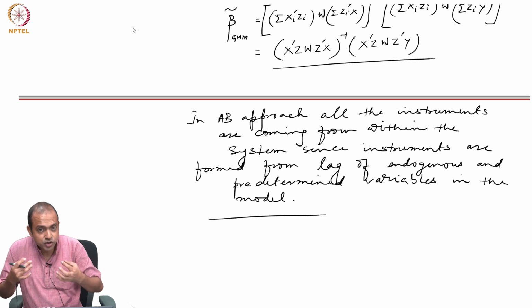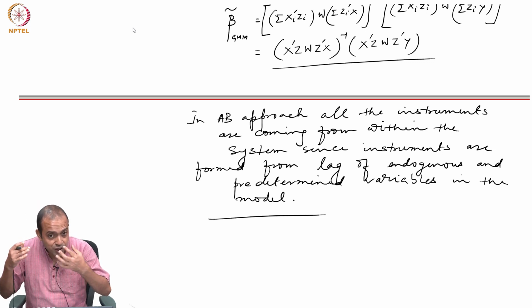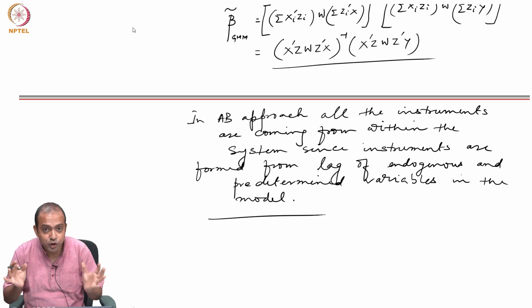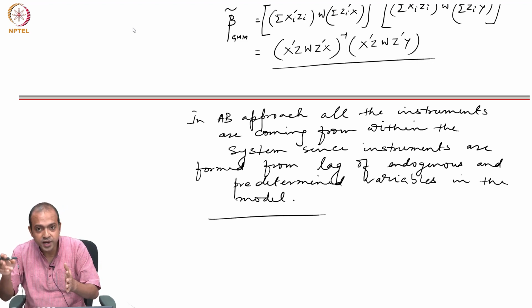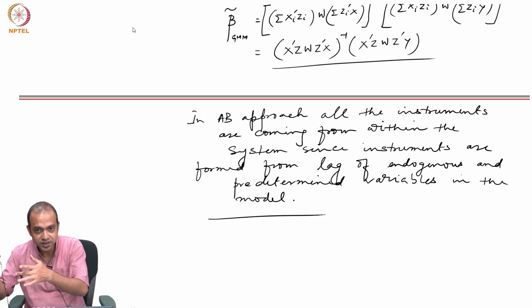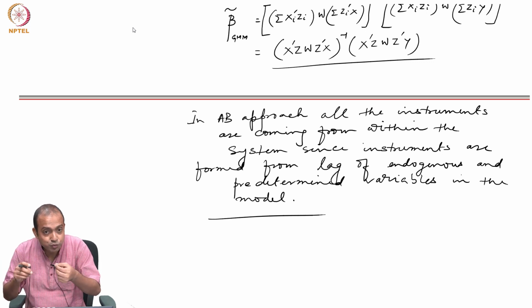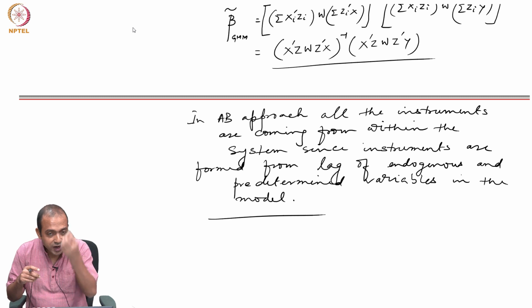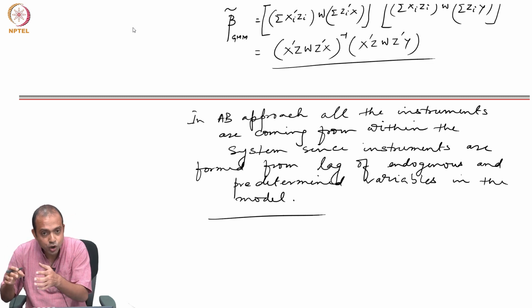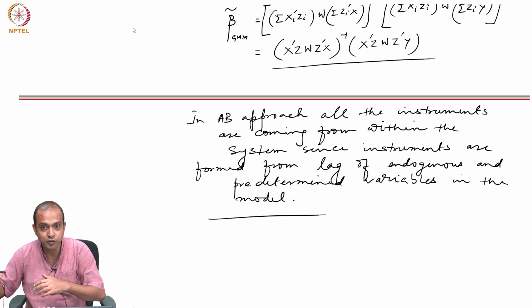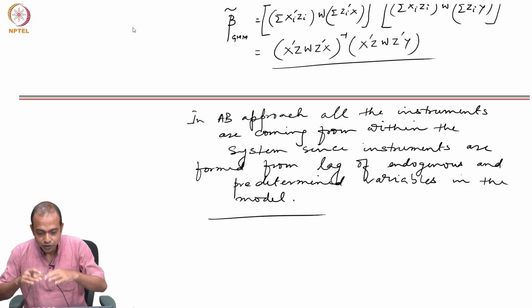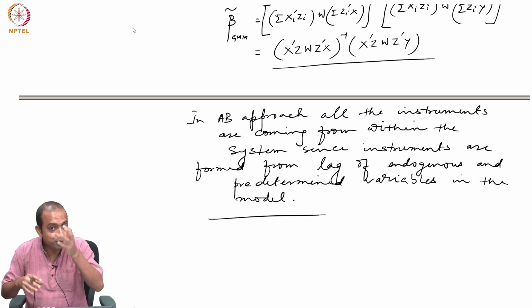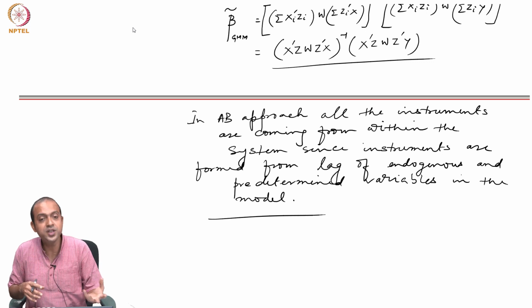So father's education or mother's education were coming from outside the model to act as instruments. But here is a case yit equals yit minus 1 plus xit. All my instruments are coming from either lags of yit minus 1 or lags of any of the predetermined or exogenous variables, right? So that means this is a case of instruments coming from within the system.